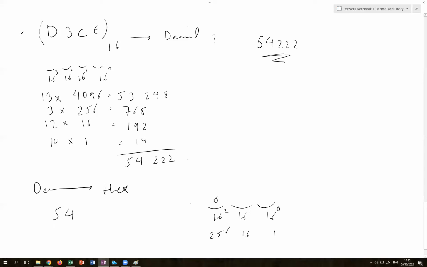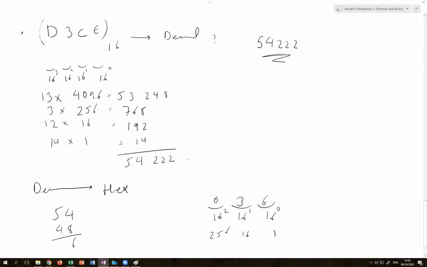Nope, so it means that from here to the left is 0. How many 16 do we have in 54? 54, if you divide it by 16, you get 3.3 something. It means that we have 3 sixteens. 3 times 16 is 48. If you subtract that 48 from that, we get 6. And we have 6 ones there.